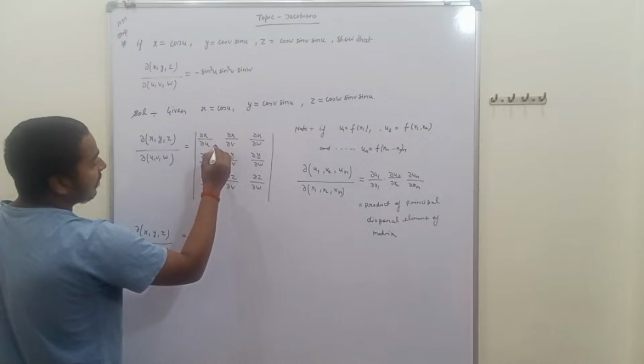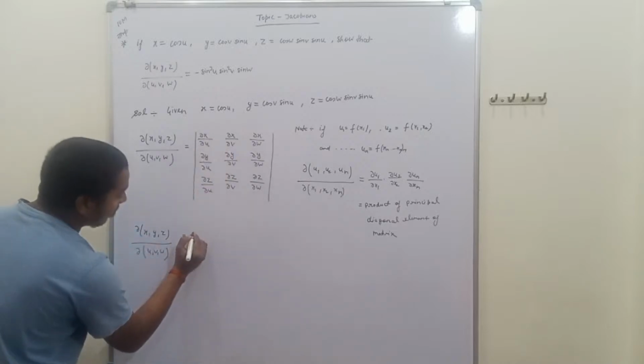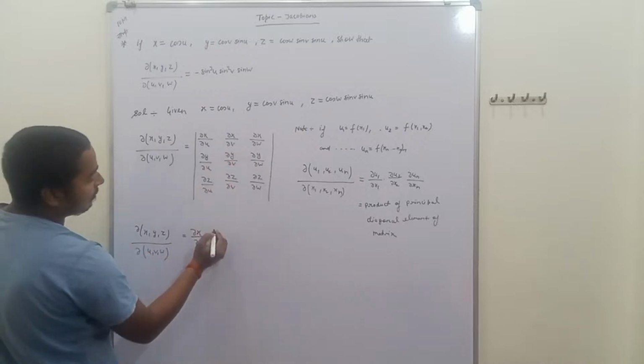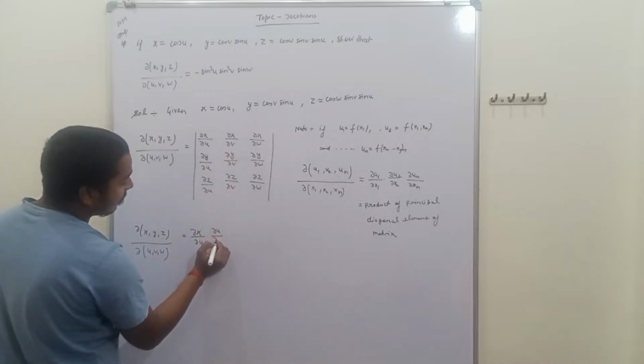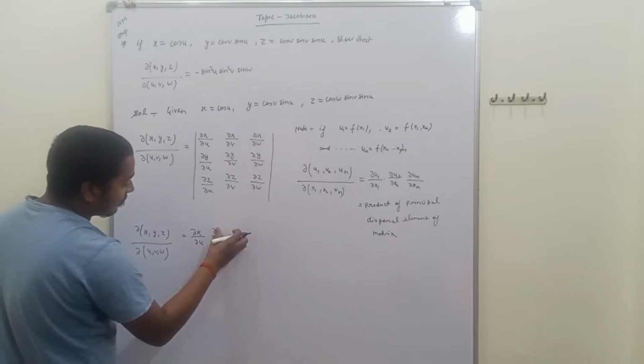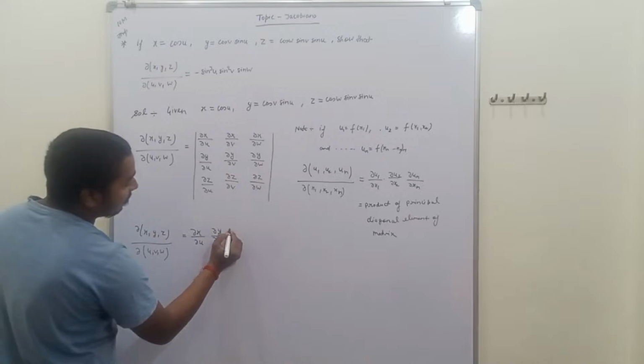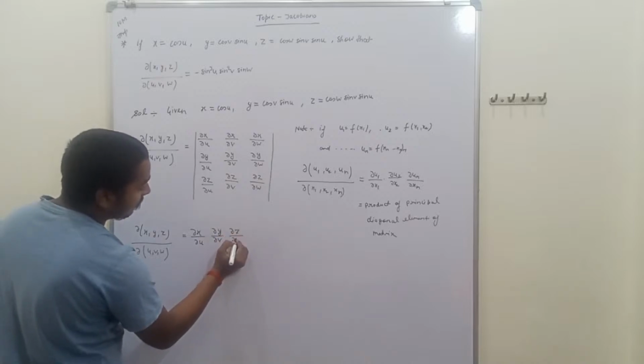These are the principal diagonal elements: ∂x/∂u, ∂y/∂v, and ∂z/∂w.